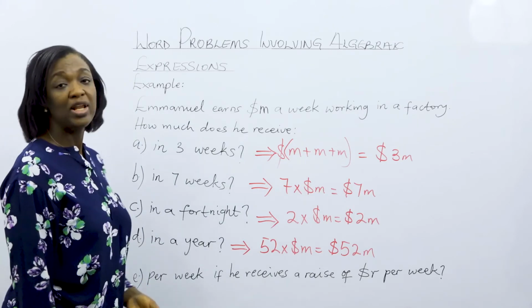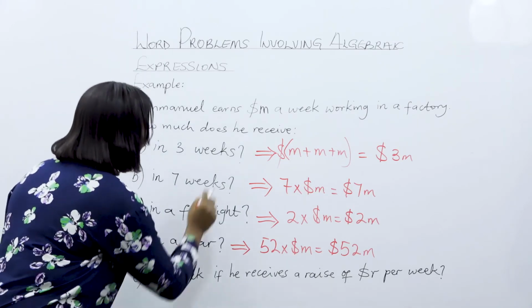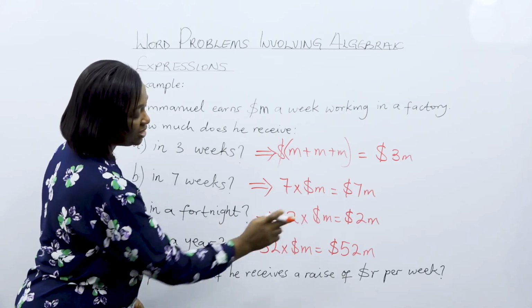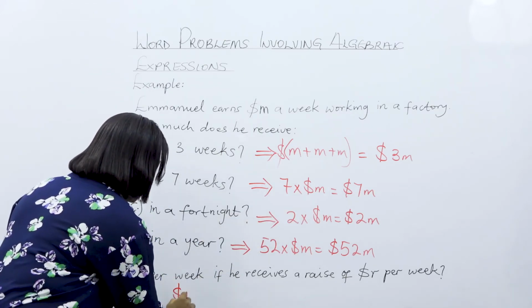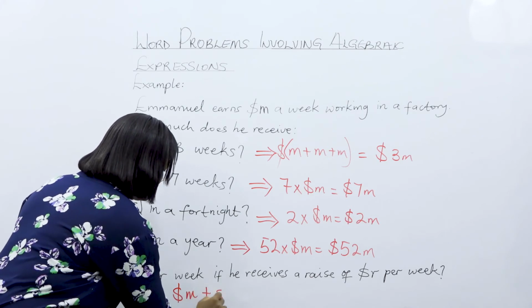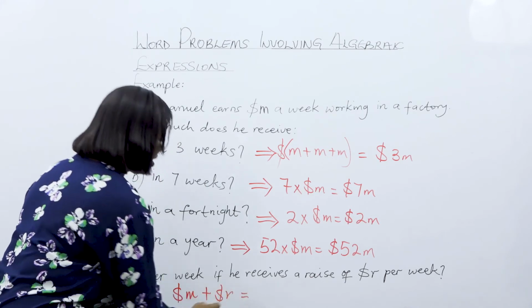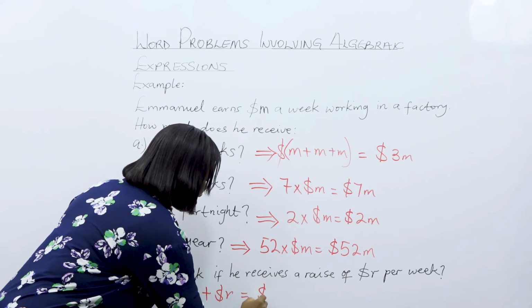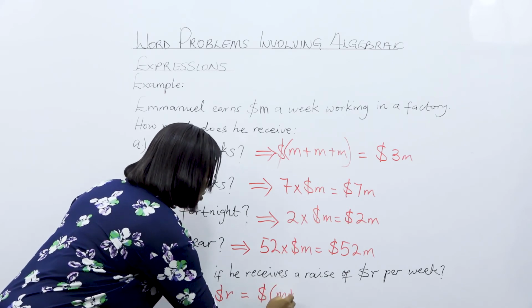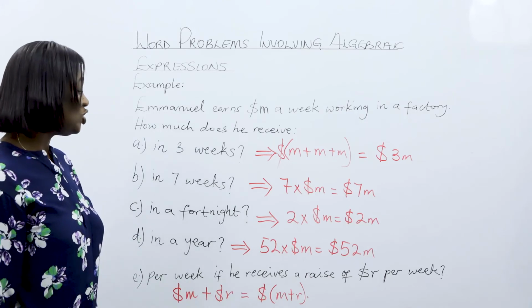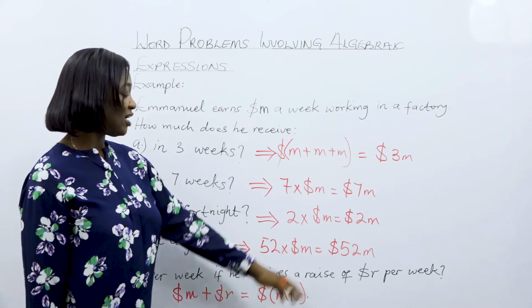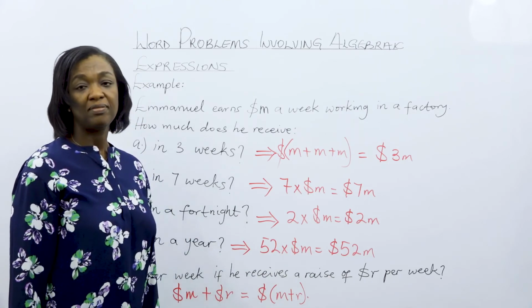So his new weekly pay will be M plus $R. So that will be $M plus $R a week, and we have M plus R dollars weekly. That will be his new weekly pay after the raise.